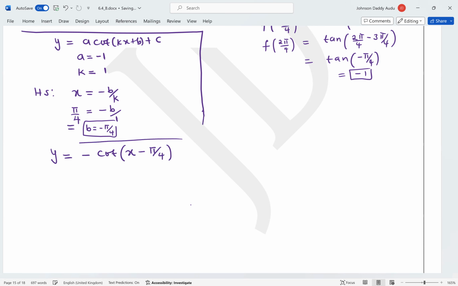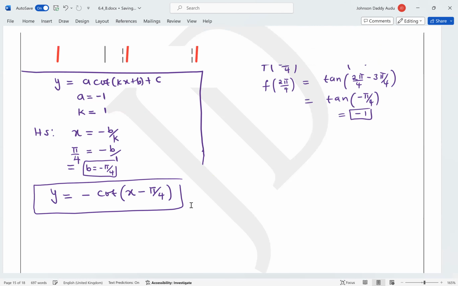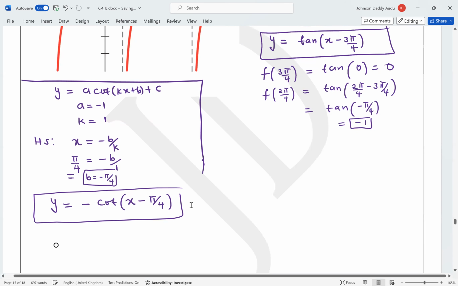This also will work directly. Okay. So let's see why we say it will work. Look at this one here.